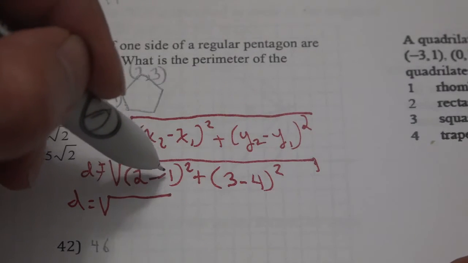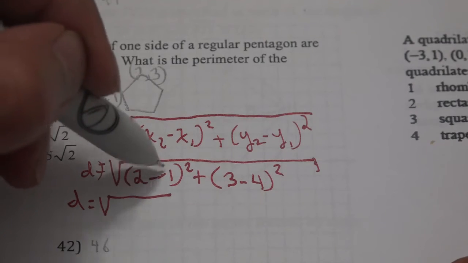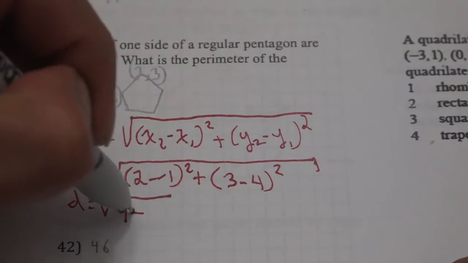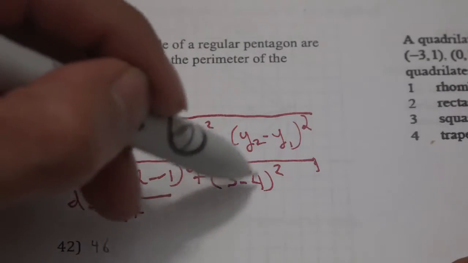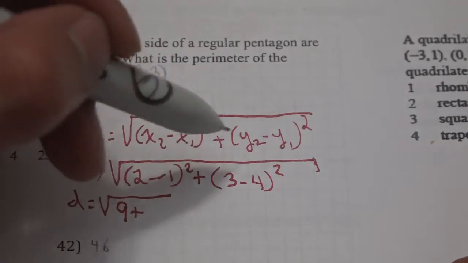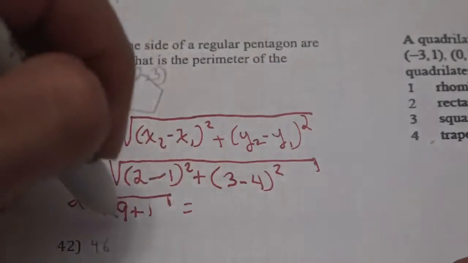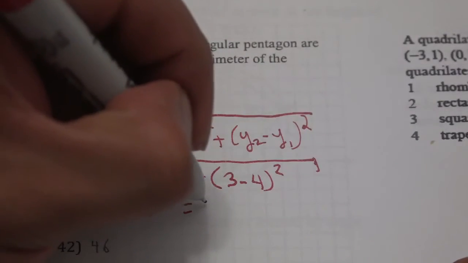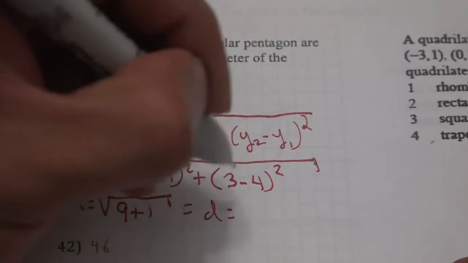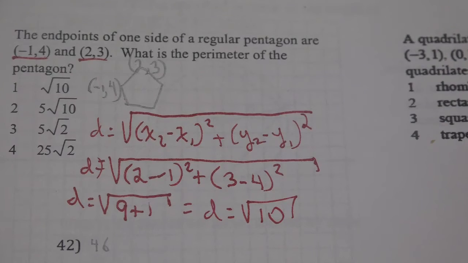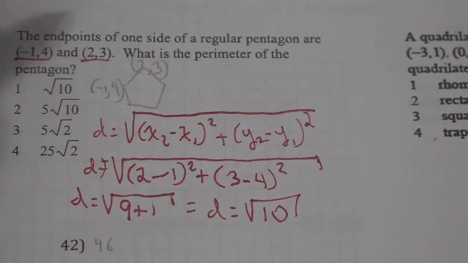So 2 minus negative 1 is 3. 3 squared is 9. Okay, plus 3 minus 4 is negative 1. Negative 1 squared is 1. So 9 plus 1 is 10. So D equals the square root of 10. Got it? All right then.